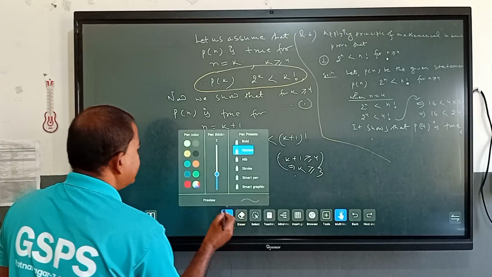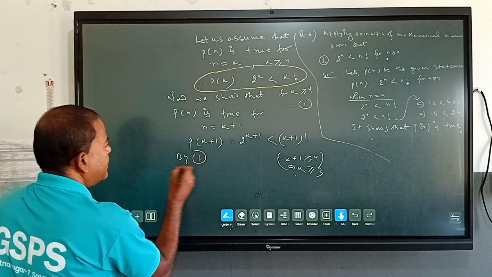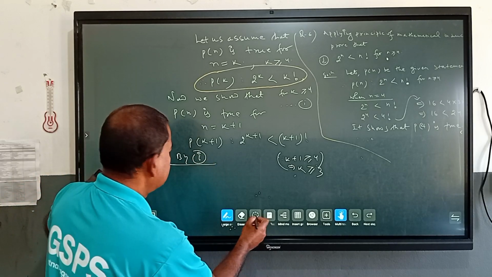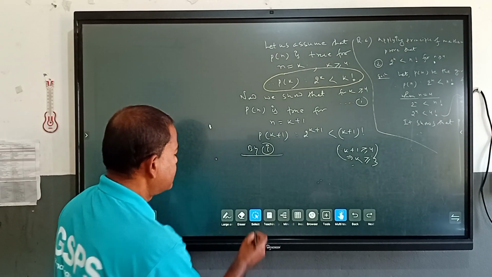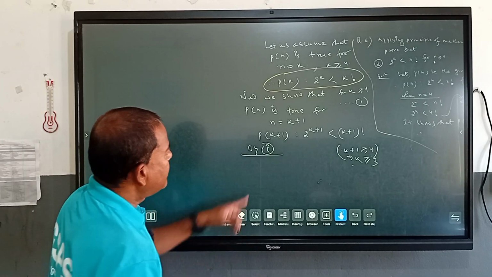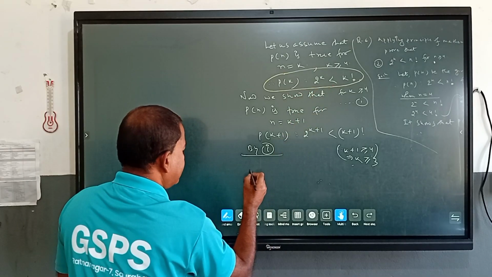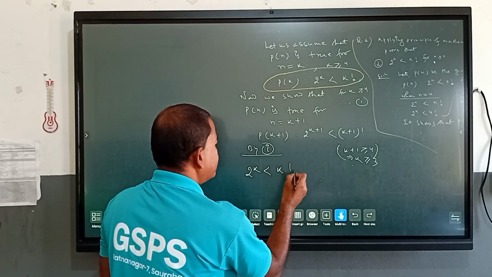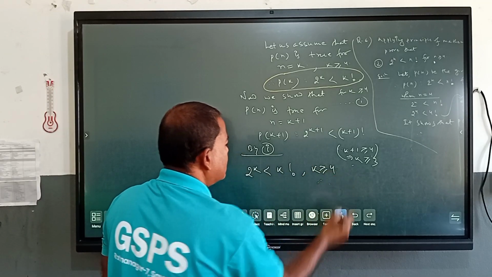So by (1), let's write down by (1), we have 2 power k less than k factorial for k greater than or equal to 4.